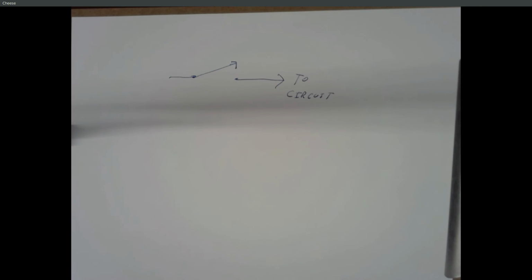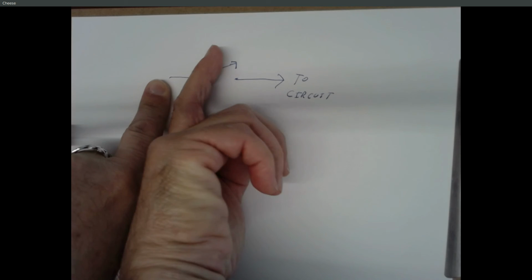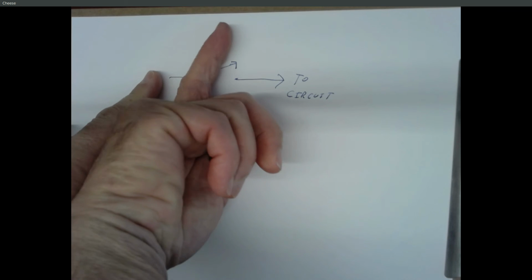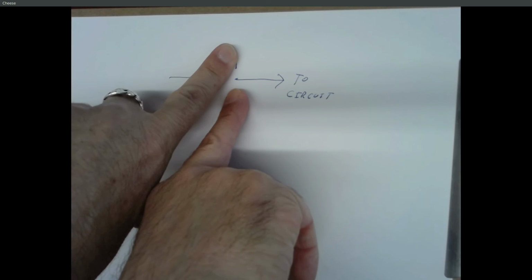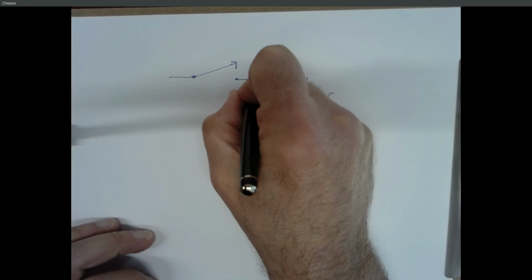And a first idea would be just connect this point here to 5 volts. And now if I close this switch, I've got 5 volts going to my circuit. But if I open my switch, my input to my circuit is not connected to anything. Remember, that's not the same as 0. So we do something pretty weird.